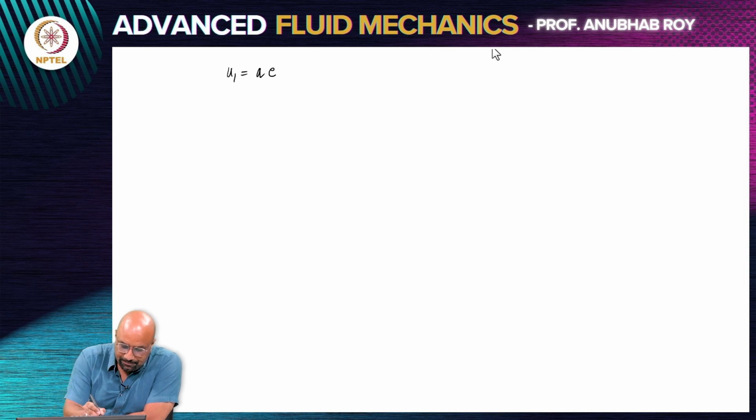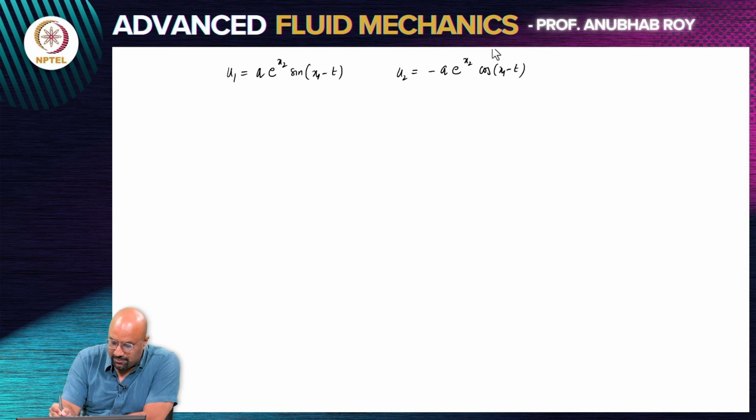So u1 is a exponential of x2 sine x1 minus t, and u2 is minus a exponential of x2 cos x1 minus t.